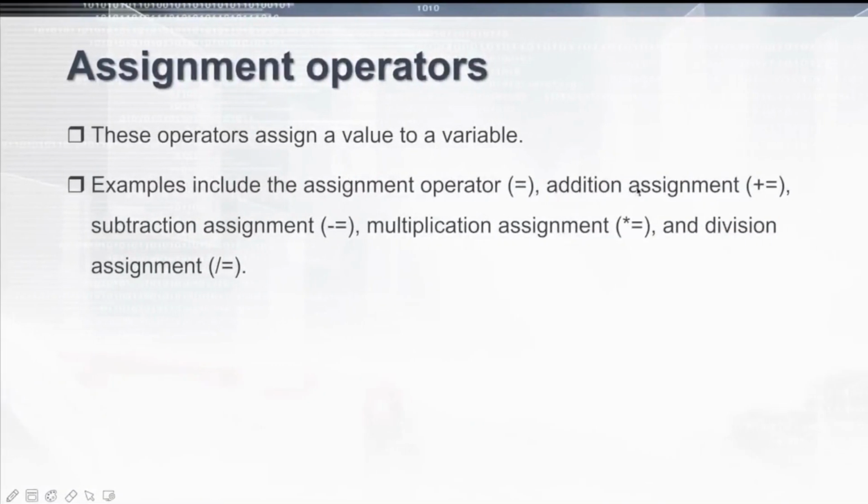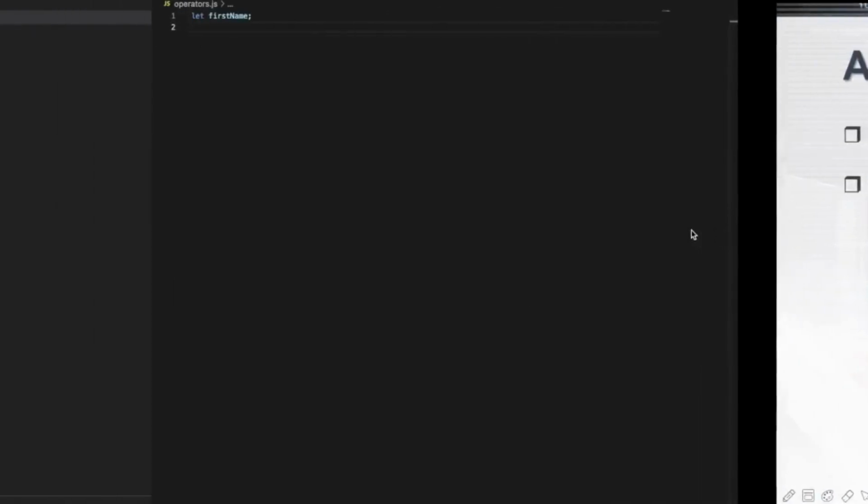Then we have the addition assignment operator, which is plus equal to, and the subtraction assignment operator, which is minus equal to. We have the multiplication assignment operator, which is asterisk equal to, and the division assignment operator, which is divide and equal to. So let's look at each of these and what we can do with them.